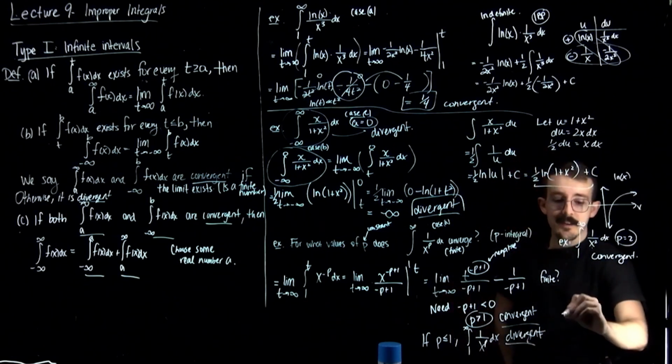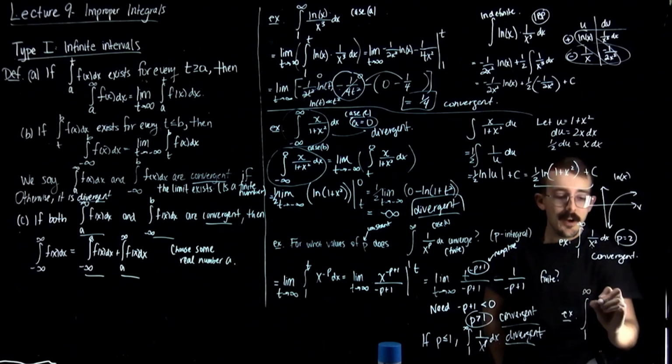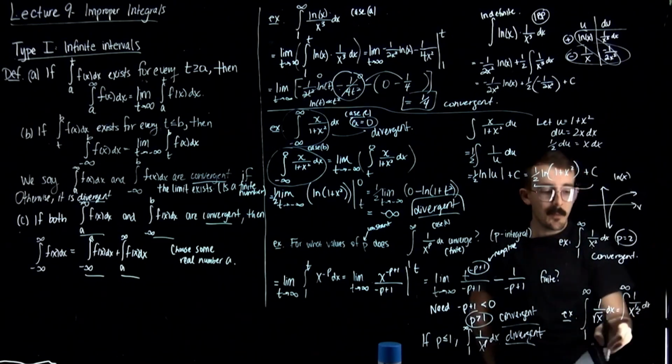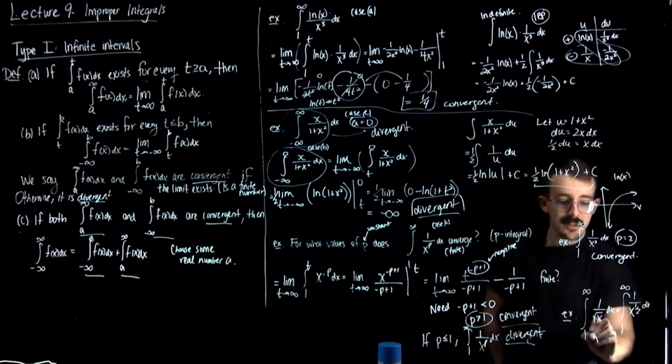An example of that would be the integral from 1 to infinity of 1 over the square root of x. Because here that would be the integral of 1 over x to the 1/2, and 1/2 is less than 1. So this would be divergent.